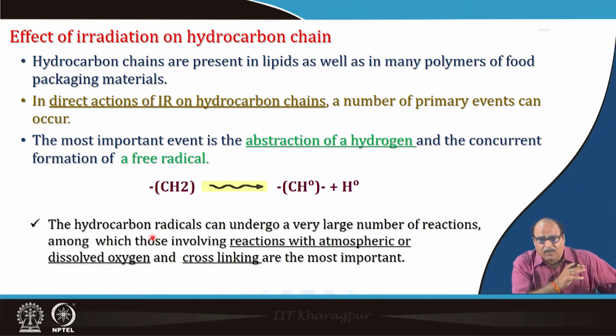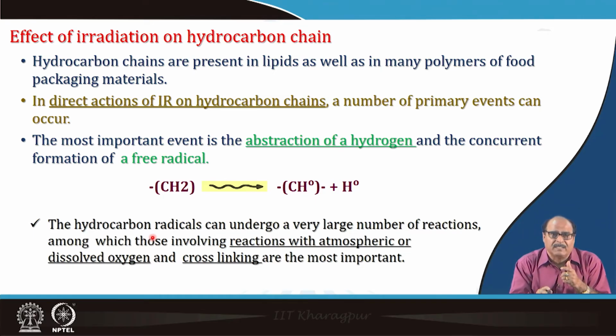Then one was the radiolysis of the water. Ionizing radiation also has a direct effect on the hydrocarbon chain, that is, hydrocarbon chains are present in lipids as well as in many polymers in food packaging material, etc. So, with direct action of ionizing radiations on the hydrocarbon chain, a number of primary events can occur.